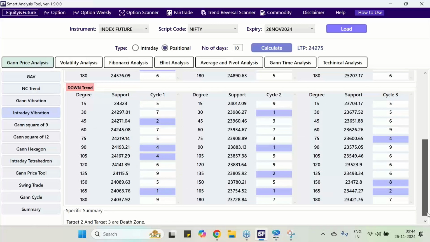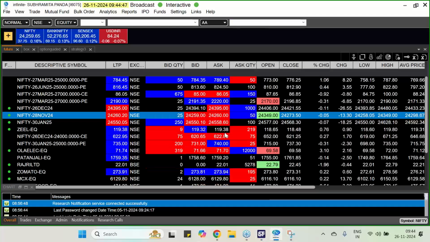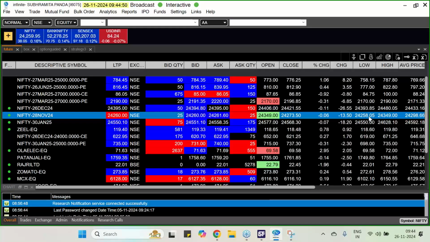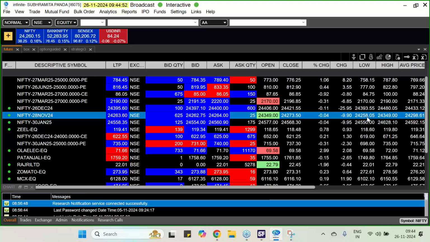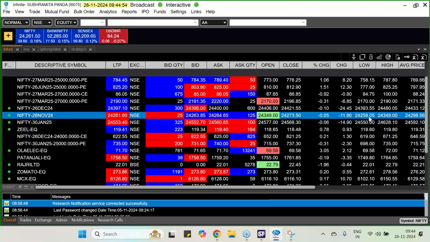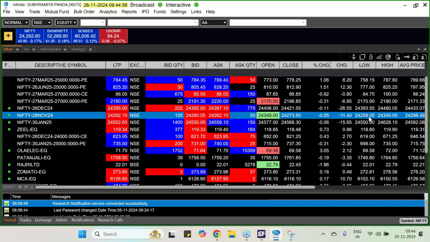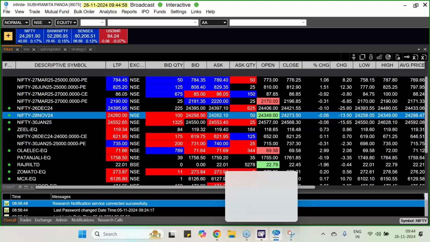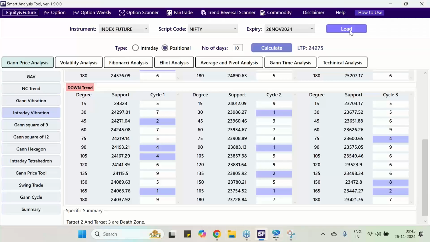So we have come down to 67. 71 is being broken, and now 58 also has come, low has come to 58.05. So each time this low is changing, your vibration also will change. Low changing means the vibrations will change.